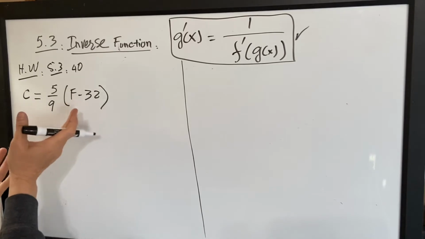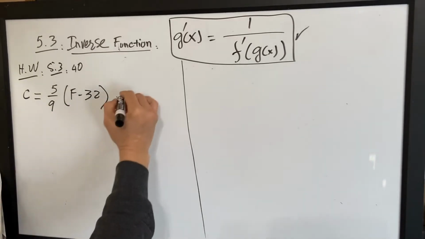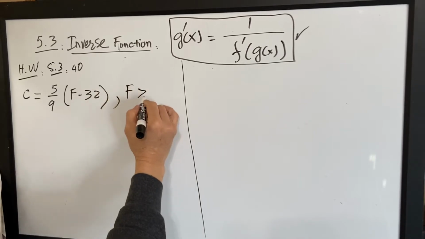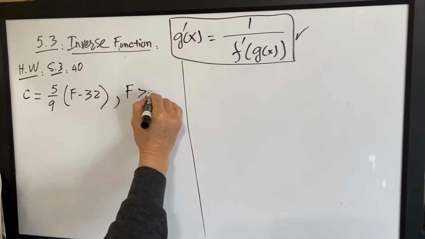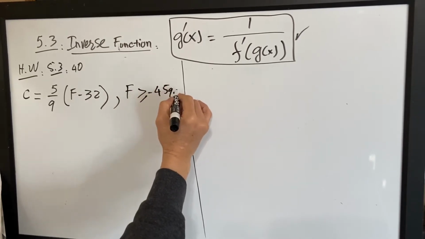The textbook gave us a condition, which is very appropriate: F must be greater than or equal to negative 459.6.